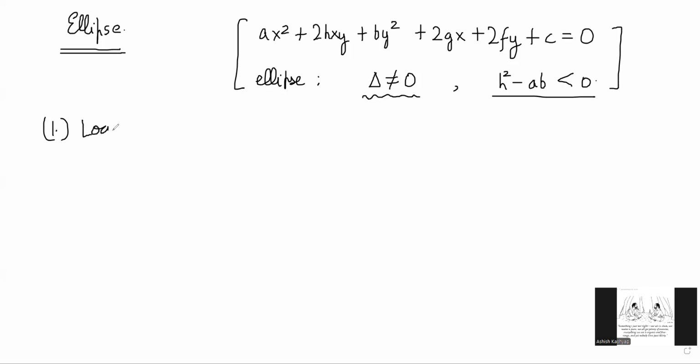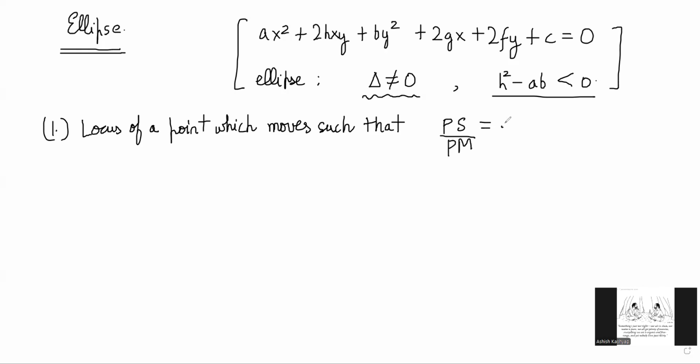So basically it is the locus of a point which moves such that PS by PM is equal to E, where E is a constant between 0 and 1. E is the eccentricity and PS by PM is the ratio of the distances.